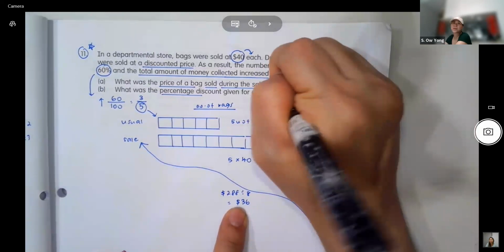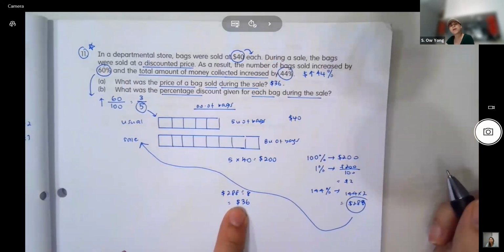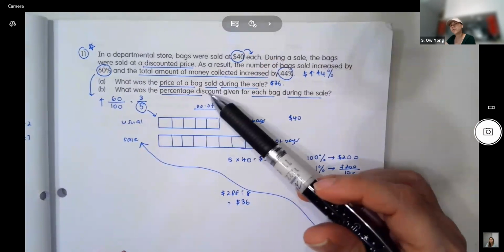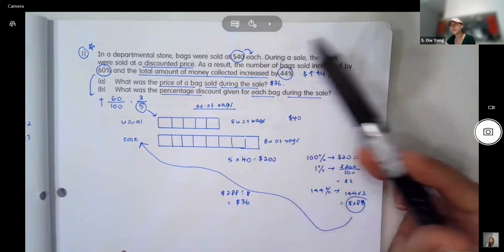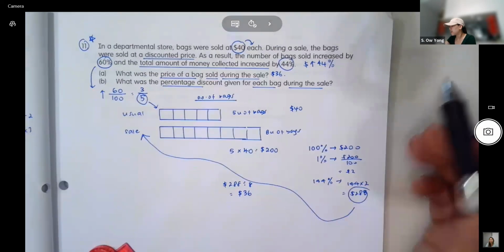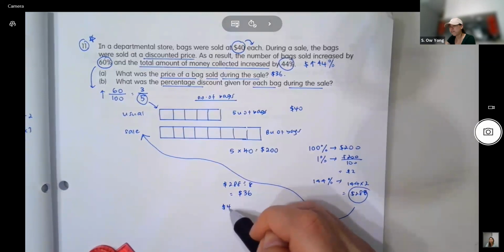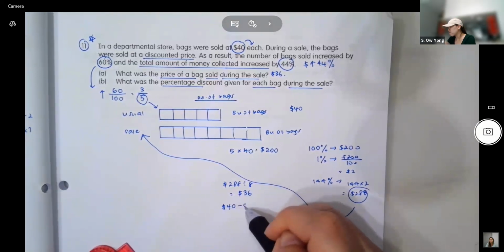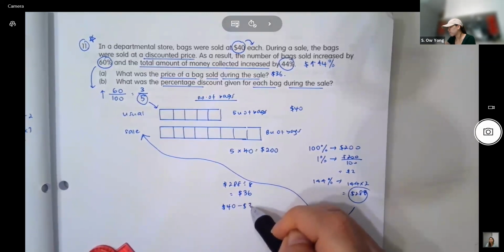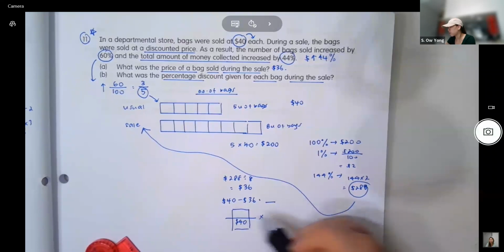Okay, so you need to understand that if I tell you usual price 40, I tell you the sale price, I tell you to find what is the percentage discount. You know that there is the discount of how many dollars? 40 to 36. You don't need to pay how many dollars? You know that you don't need to pay $4. But you need to find out in terms of a fraction, if the usual price is $40, you don't need to pay $4.